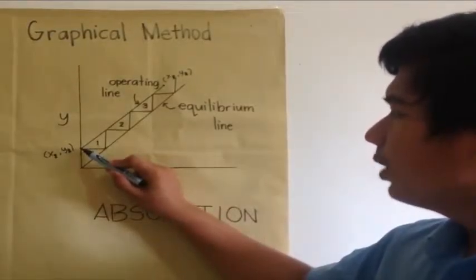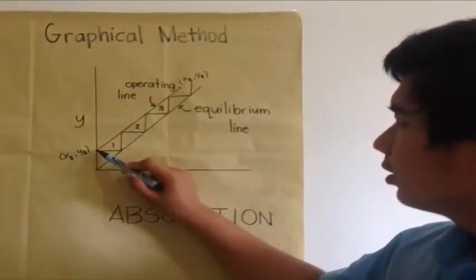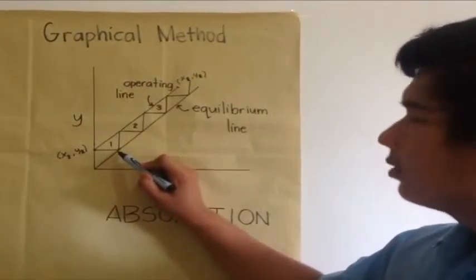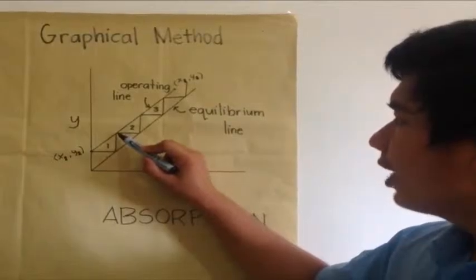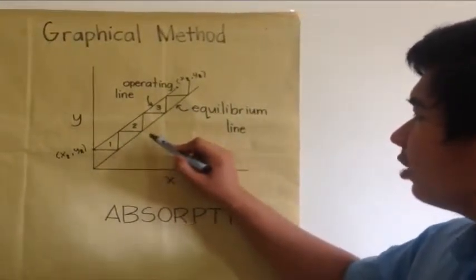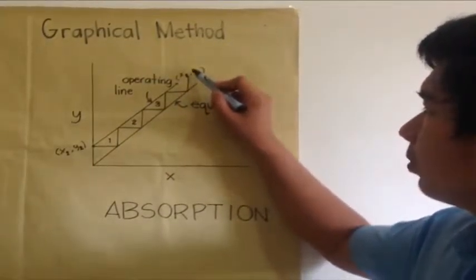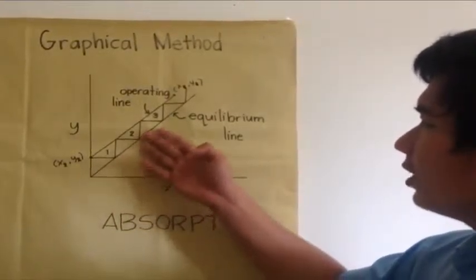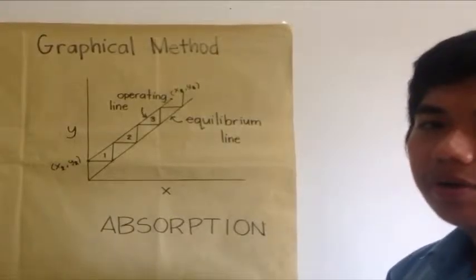From the first point of the operating line, we will connect it to the equilibrium line to the right. Then, we will connect it again to the operating line upward. The cycle continues until we cannot anymore form a triangle. Then, we will count the upper triangles we have drawn, and that value is our NTO.